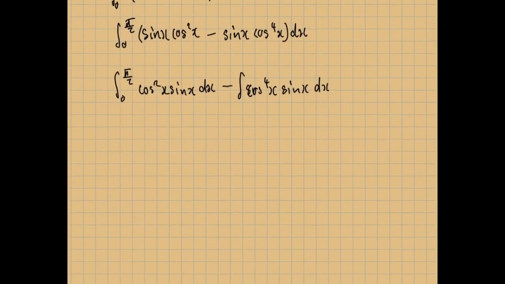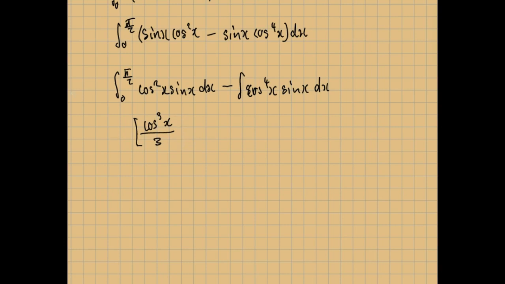Now we said if you have a power sitting next to a guy without a power, like cos squared sitting next to sine, and I'm integrating, you just increase the power of cos by 1. It becomes cos cubed x. Then you divide by that new power, divided by 3. And this is from 0 to pi over 2, obviously.